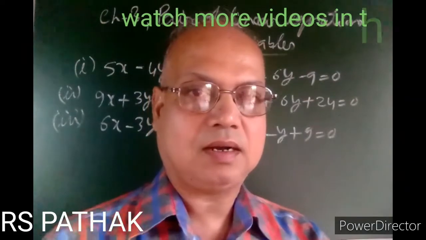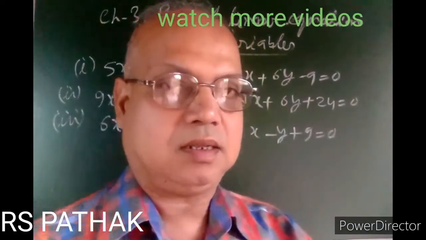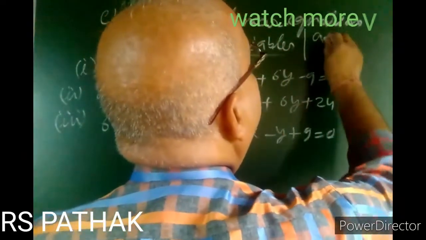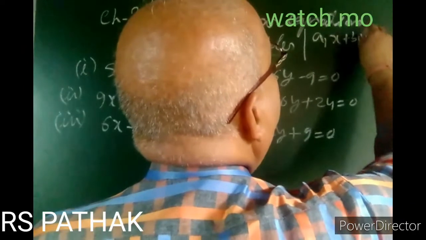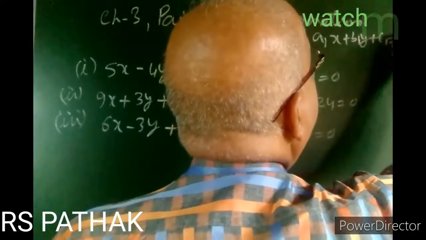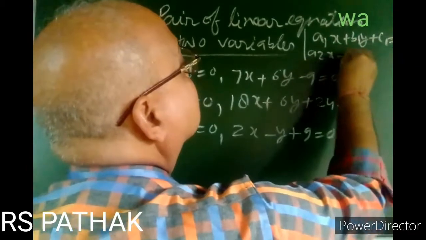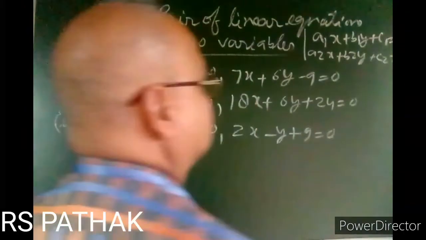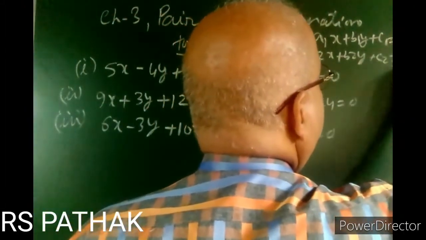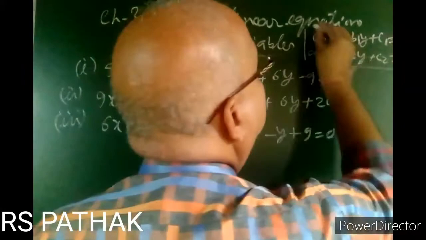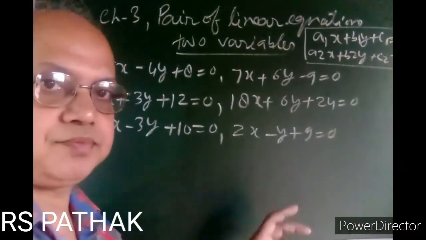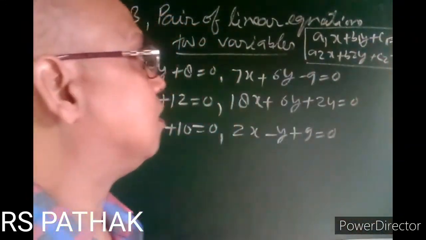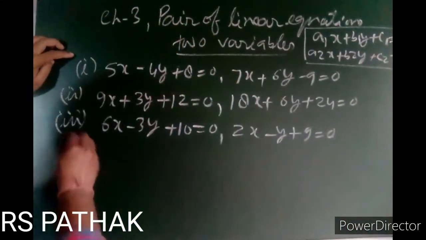First of all, I will compare the equations as A1x plus B1y plus C1 equal to 0, A2x plus B2y plus C2 equal to 0. I will compare from number 1.